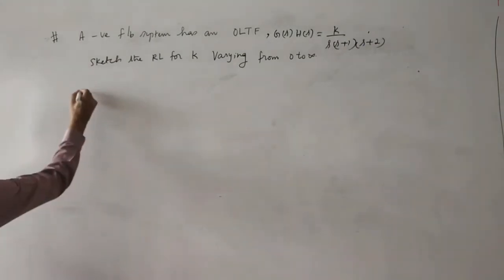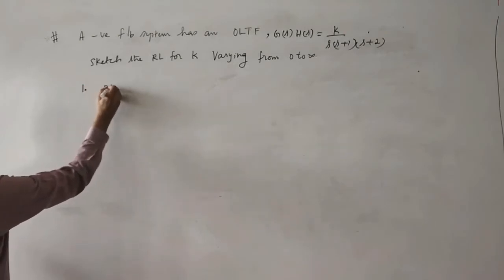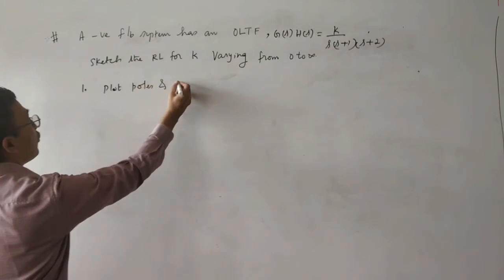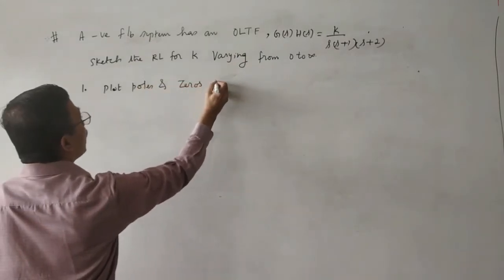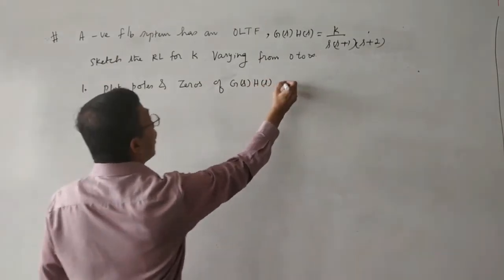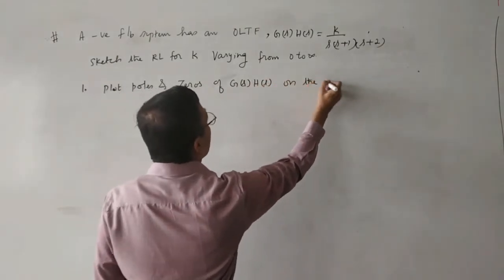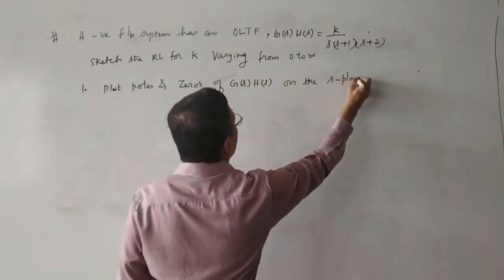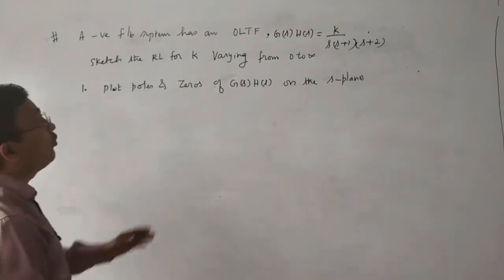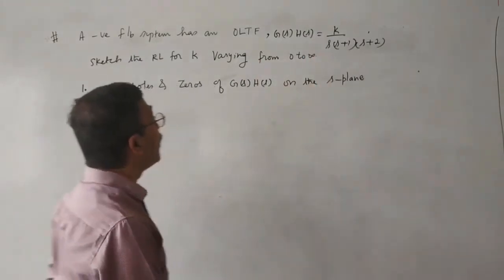First step, plot poles and zeros of g of s, h of s on the s plane. What are poles? Roots of the denominator polynomial.